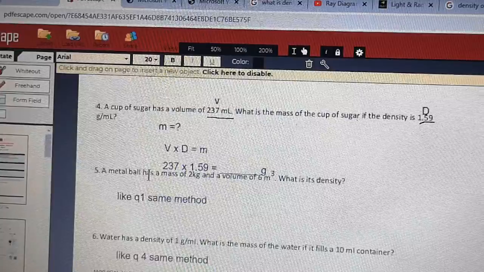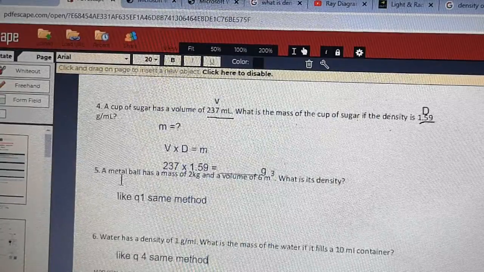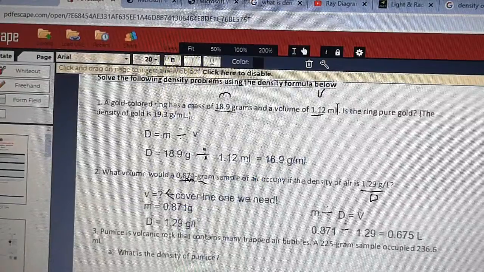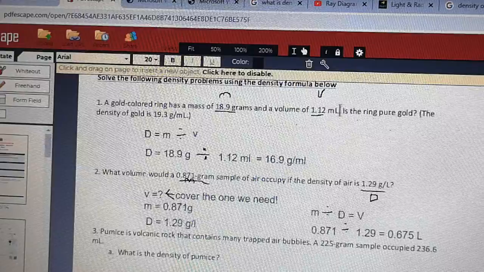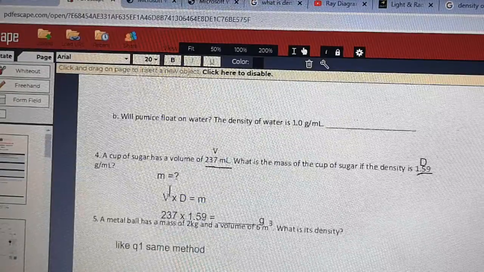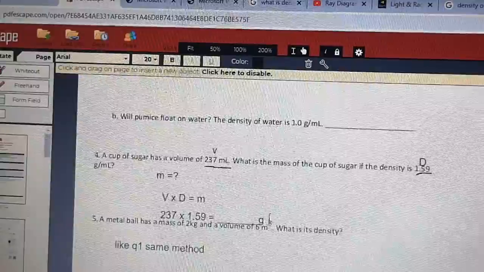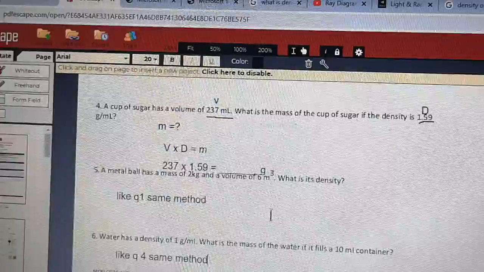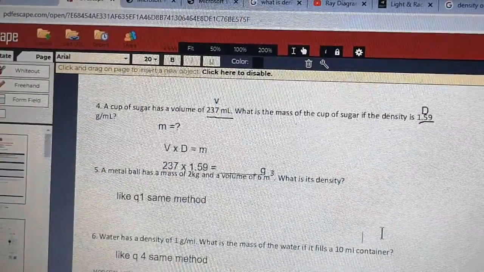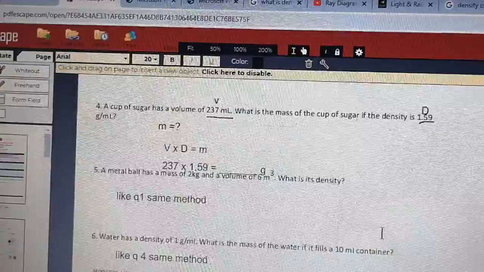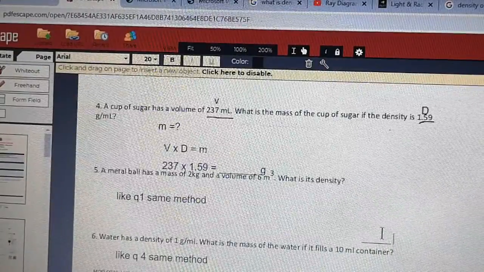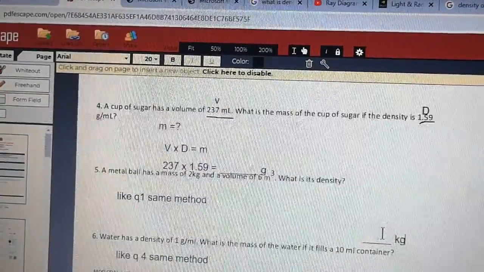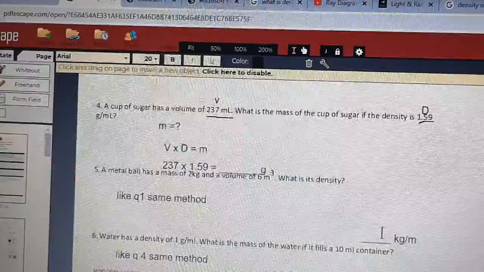So this time we have a solid ball. Now in question 1 we were looking at the liquid gold because we had milliliters there. Remember, milliliters is for gas and liquid. If we have a solid, we use meters cubed or centimeters cubed, like we do in question 5. So when we find the density, the unit, whenever we get to our answer, will be in kilograms per meter cubed.